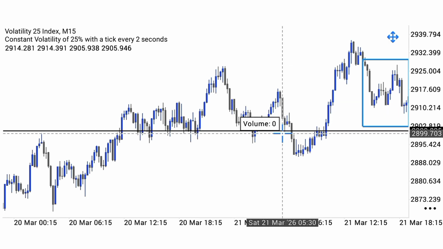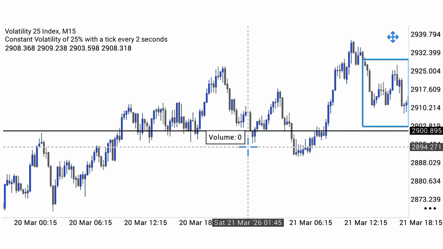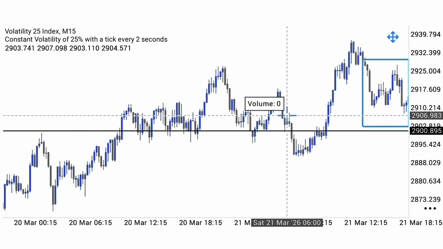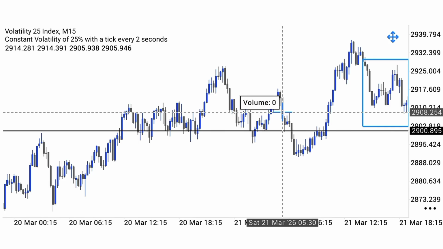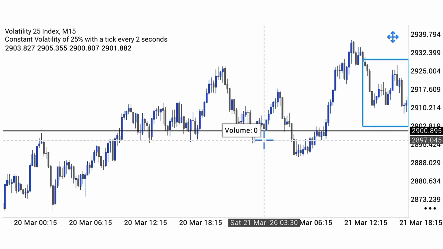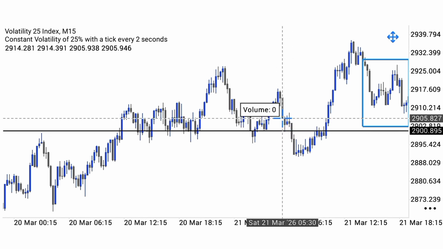We cannot trade the market around this point because it is a bearish pin bar, which has already spoiled our trading setup. So this will not work for us.